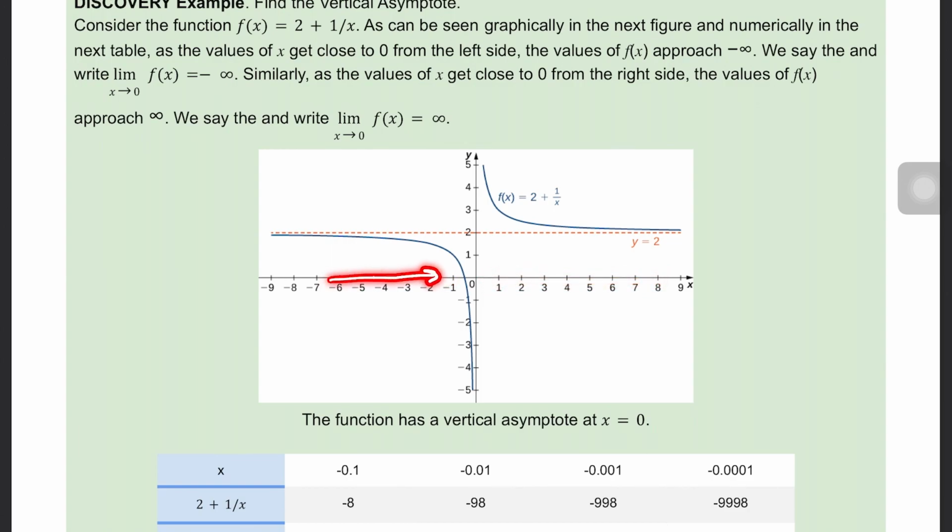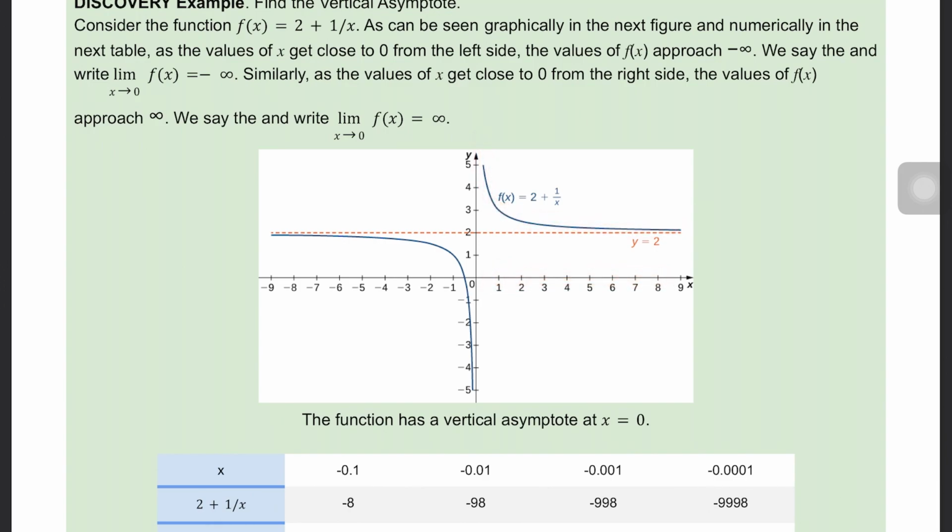As x goes close to 0 from the left side, the values of the function are going down, down, down, getting more negative, more negative. If you notice, as x goes closer to 0 from the right side, the values of the function are getting higher and higher, increasing without bound.